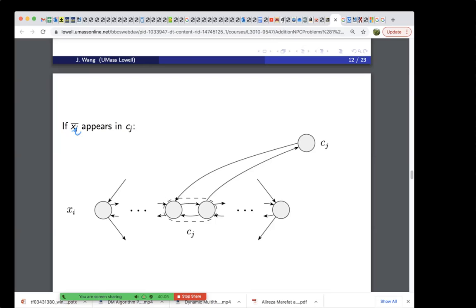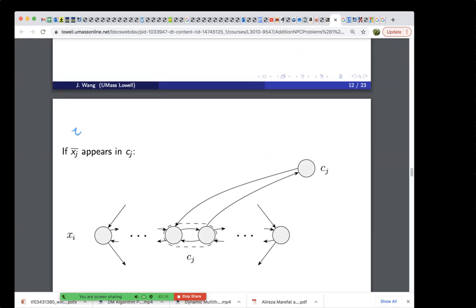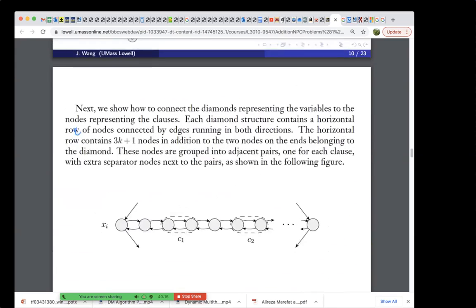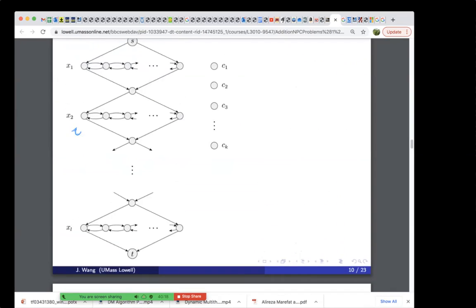So now I have connected all these nodes. Okay, so now we have a better idea of this construction.